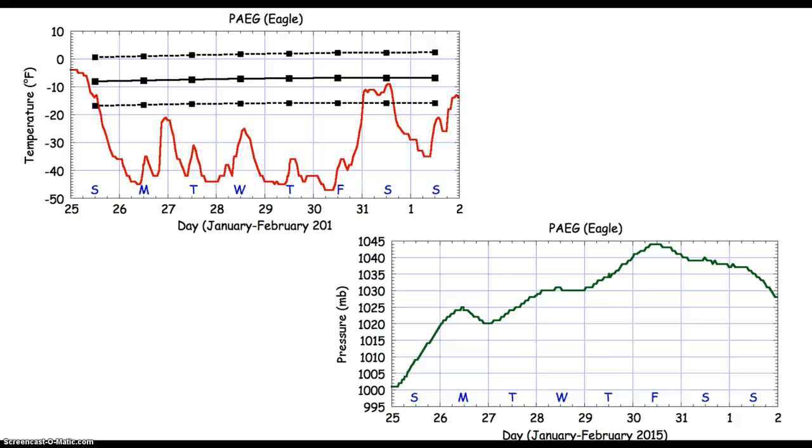The colder than average temperatures in Eagle in January were the result of a very high pressure system moving in. You can see this in the correlation between the top and middle graphs in Figure 1. As the pressure increases, the temperature decreases. If the pressure had stayed at a more moderate level, Eagle would have had more typical temperatures.